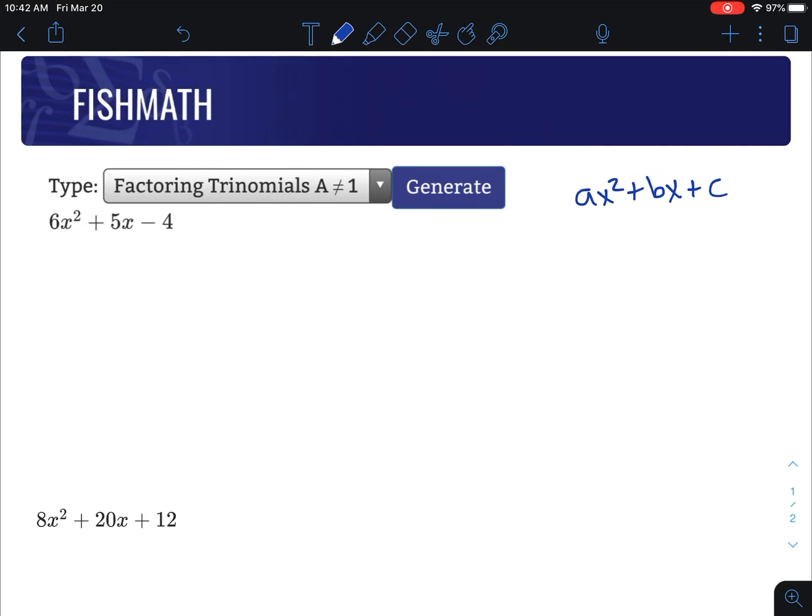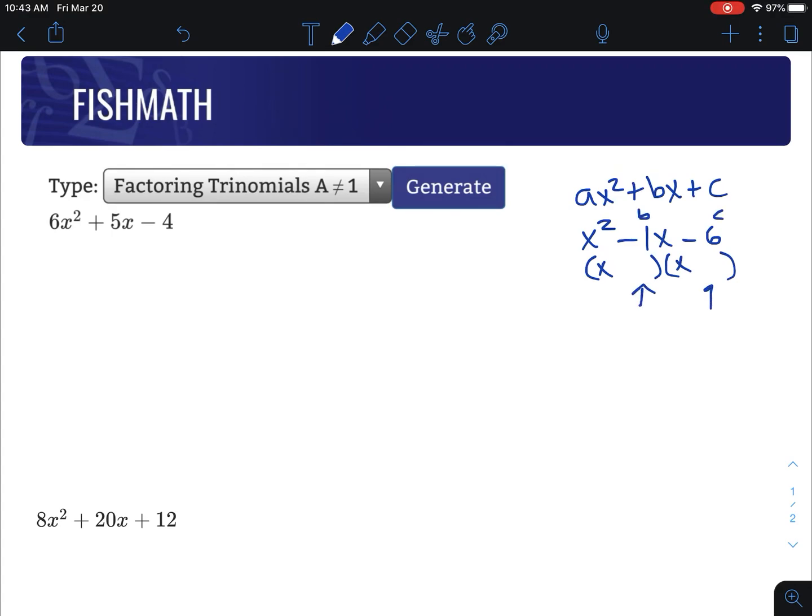So if a equals 1, then it looks like one of these examples, like x squared minus 1x, plus 6, for example. Actually, let's make it a minus 6. So we know how to factor things like this. We look for what multiplies to c and adds to b. So here's our c, here's our b.